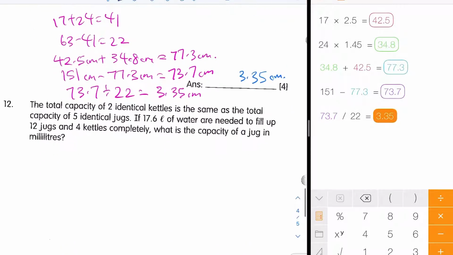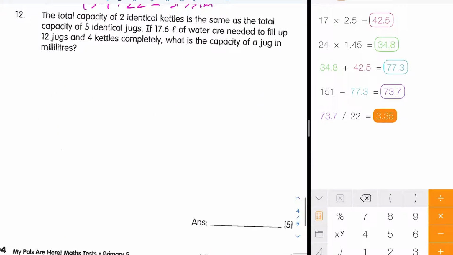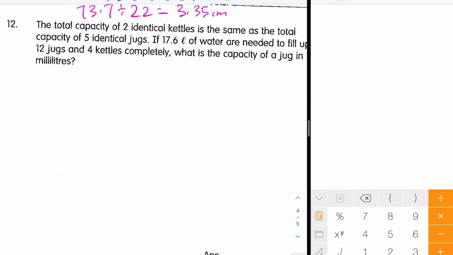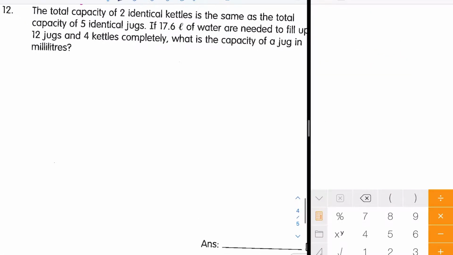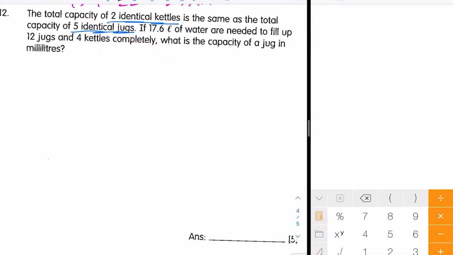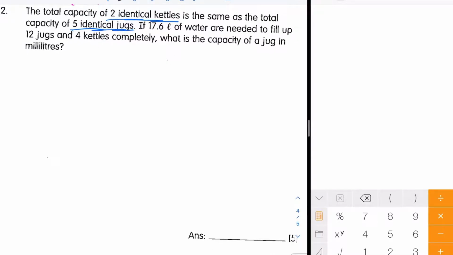Last question, question 12. The total capacity of 2 identical kettles is the same as the total capacity of 5 jugs. So here we have 2 kettles, and it's the same as 5 jugs. So, this is interesting. 17.6 liters of water is needed to fill up 12 jugs and 4 kettles completely.